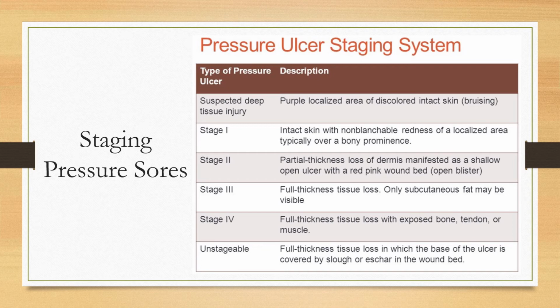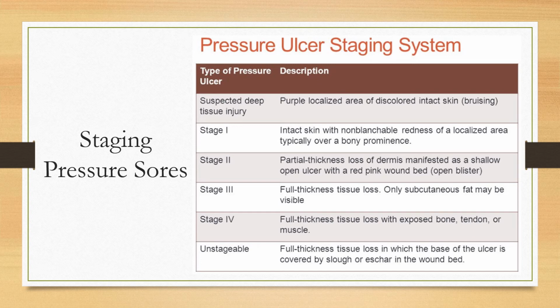Stage 2 is, yep, there's been some skin breakdown, and there's partial loss of the dermis with a very, very shallow ulcer, and we'll see an image of that. So it still looks pink, and it's the beginning of an open skin ulcer.